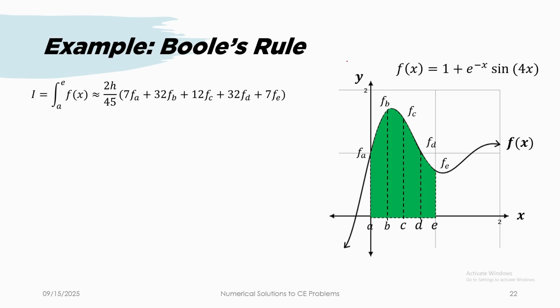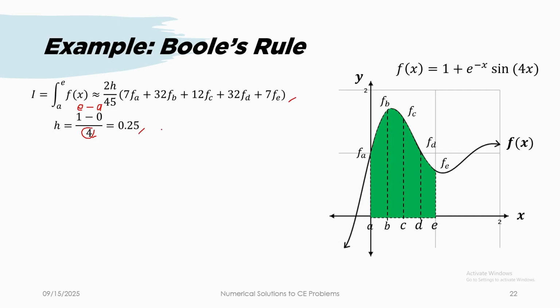Denoted by the formula here. We just get h first. We're working with 5 nodes. So the denominator would become 5 minus 1, so 4. The numerator is e minus a, so that's 1 minus 0 over 4. That's 0.25.